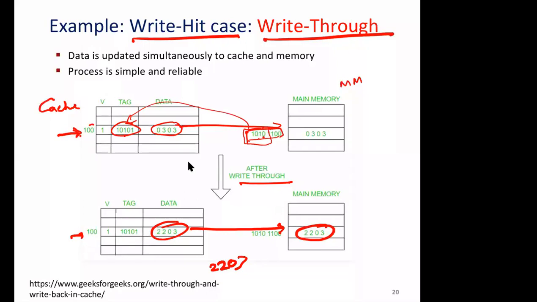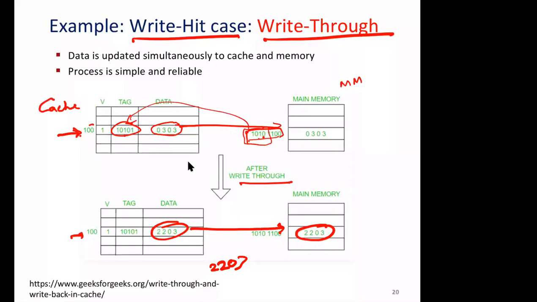Sir, why is it necessary to update all the levels of cache? This is because of the design. That's the first reason, and there is a cache coherence problem, right? It's not so much an issue in a uniprocessor case, but all levels of the cache should not have different data values for the same location.